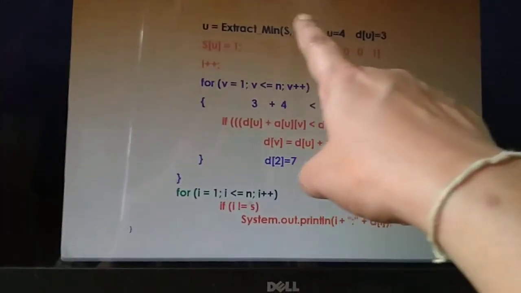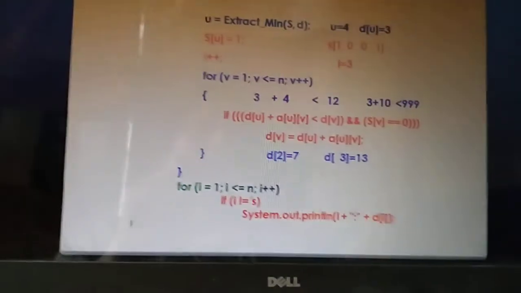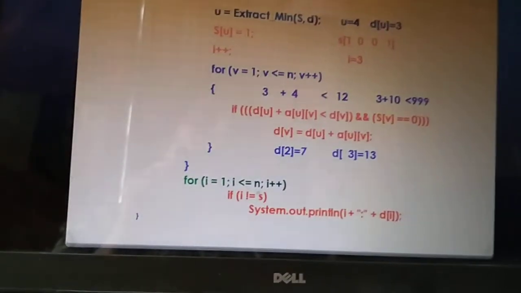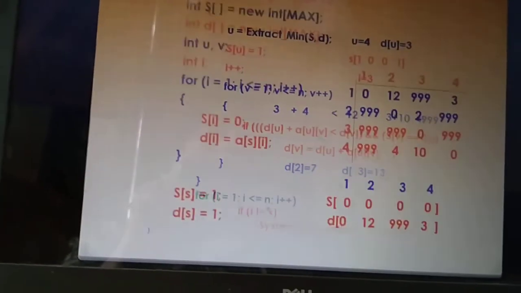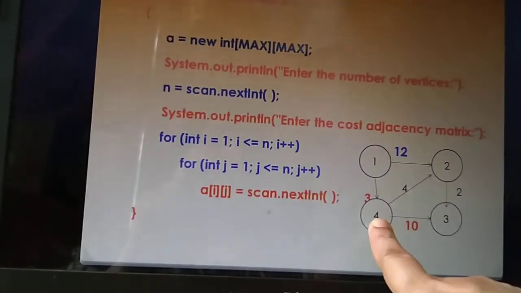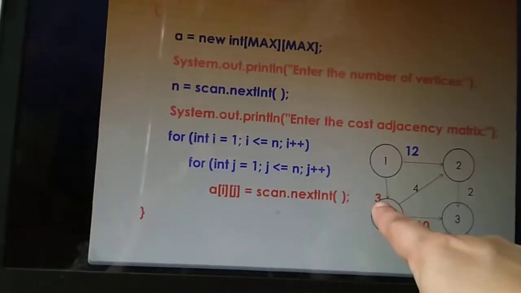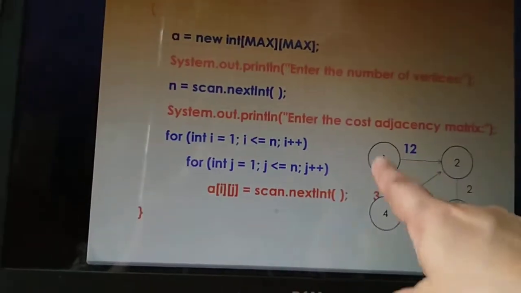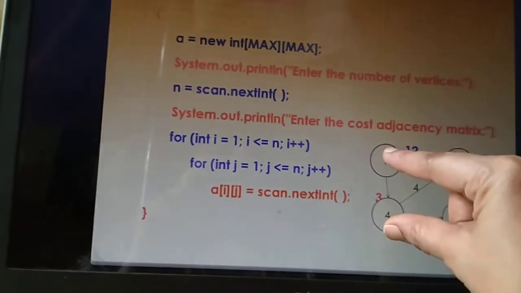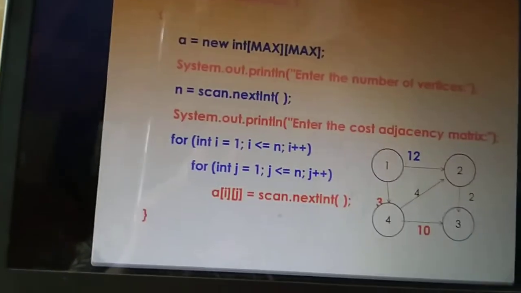The extract min function finds u, the vertex, and d of u, the distance. u is 4 and d of u is 3. That means this path we have selected now.